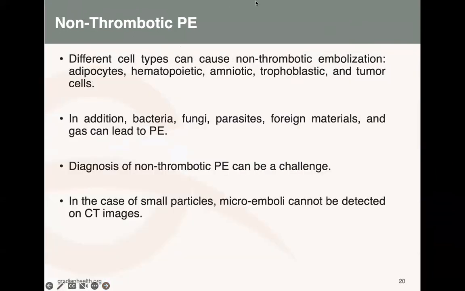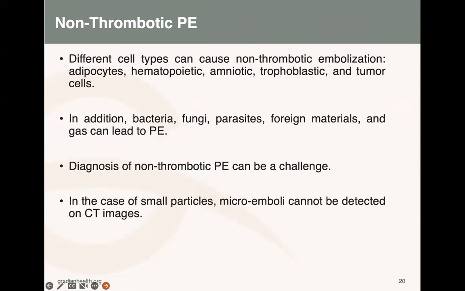As I said earlier, the most common cause of pulmonary embolism is thrombus, but there are non-thrombotic causes of pulmonary embolism. Different cell types can cause non-thrombotic embolization. Fat tissue, amniotic fluid, trophoblastic cells, and tumor cells can cause embolism.